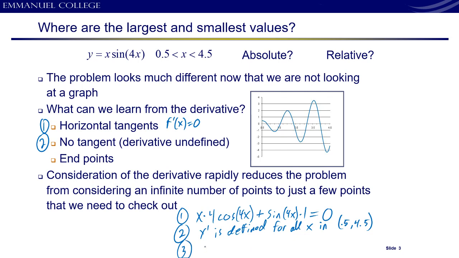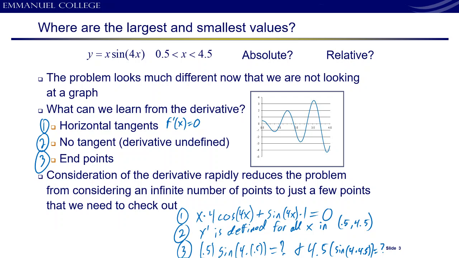And then we just need to see what is 0.5 times sine of 4 times 0.5 equals, and also what is 4.5 times sine of 4 times 4.5. So these would be the steps that you would take in trying to determine everything.